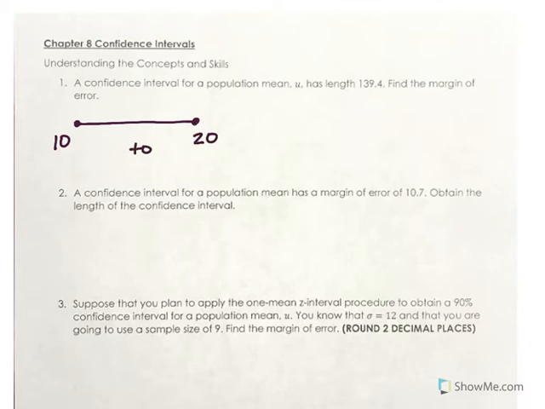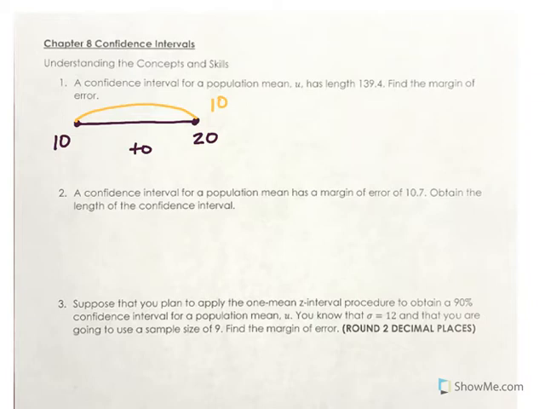Now, to understand the length, I'm actually saying that from this point to this point, my entire length is 139.4. Now, this is not actuality. The actuality of this length would be 10. From 10 to 20, you would say that length of numbers would be 10.